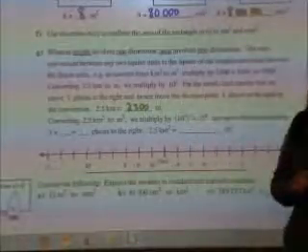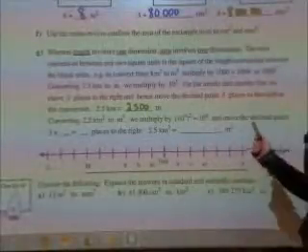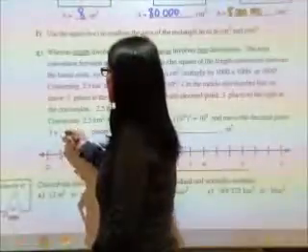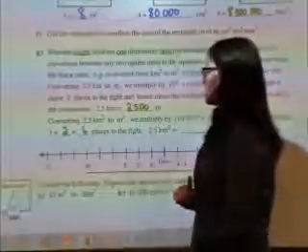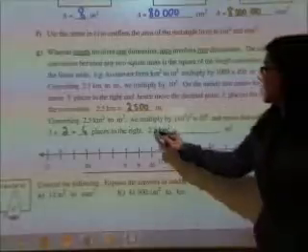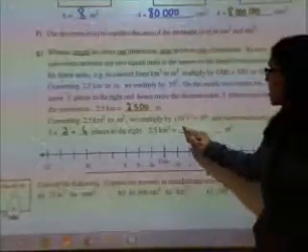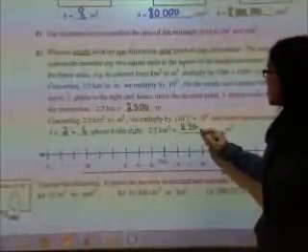So instead of multiplying by 10 to the power of 3, it's 10 to the power of 3 squared, or 10 to the power of 6. So we would move the decimal point 6 places to the right. So my 2.5 square kilometers would become 2,500,000 square meters.